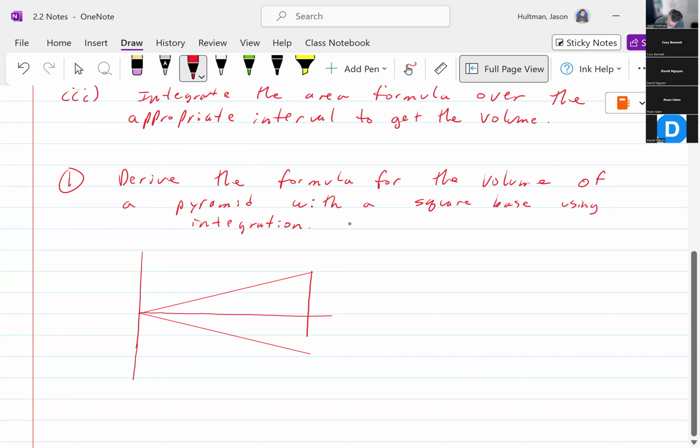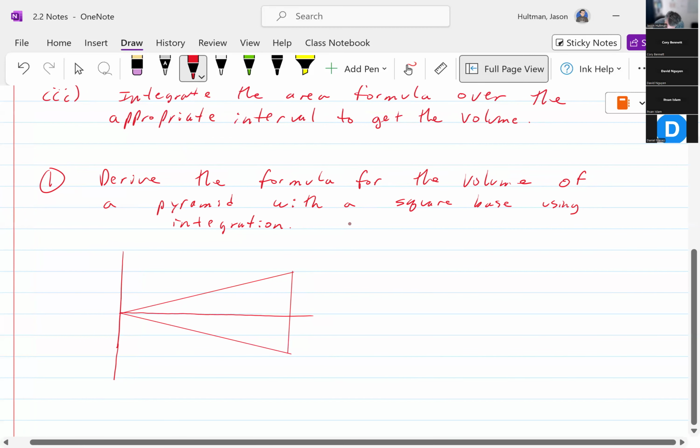And I'm going to connect these with another line. Now we're going to give our pyramid some depth, so let's draw some more lines here.